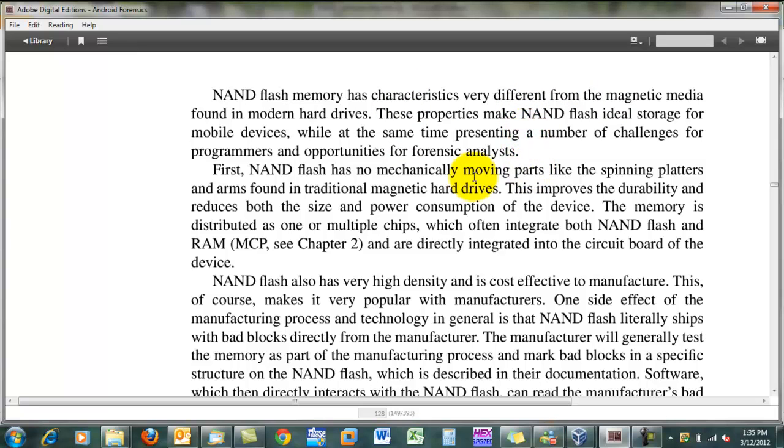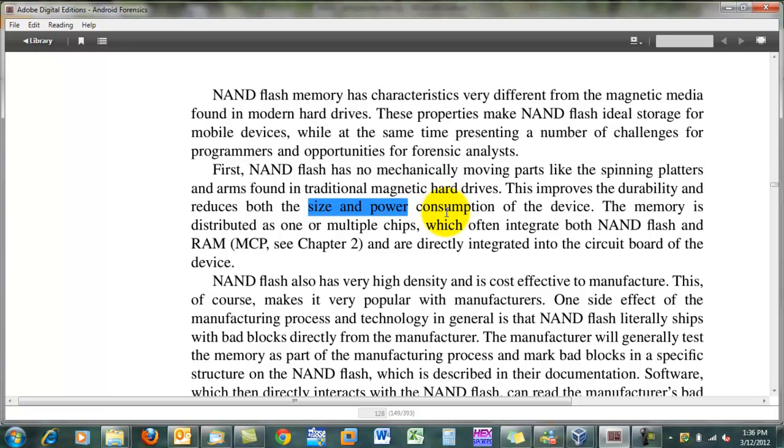First, there's no mechanical part, as compared to the traditional mechanical hard disk. This improves the durability, size, and power consumption. Improved durability means it will last longer than your mechanical hard disk. Reduced size and power consumption is because there's no mechanical hardware inside, only NAND chips for your flash device, so you consume less power and less space.